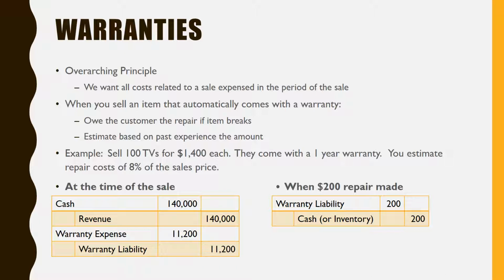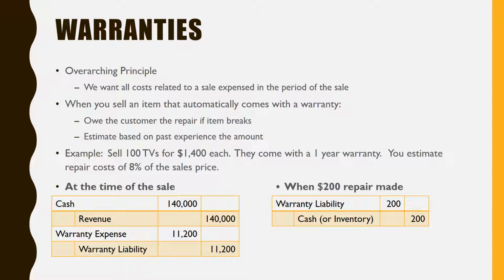And I want to recognize the expense in the period of the sale. So my cash and revenue is for my $140,000 in TV sales, but then I'm also going to recognize warranty expense to match that with the sale, and I have a liability because now I owe you the service of repairing it if it should break.